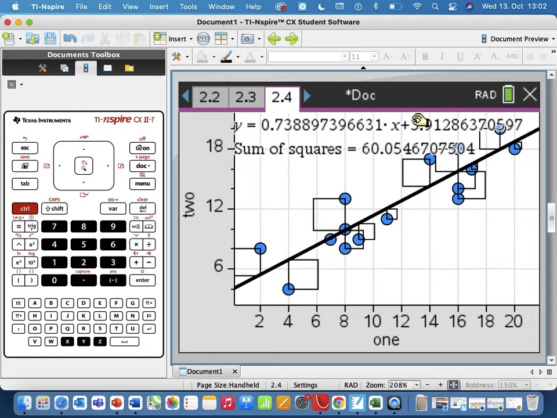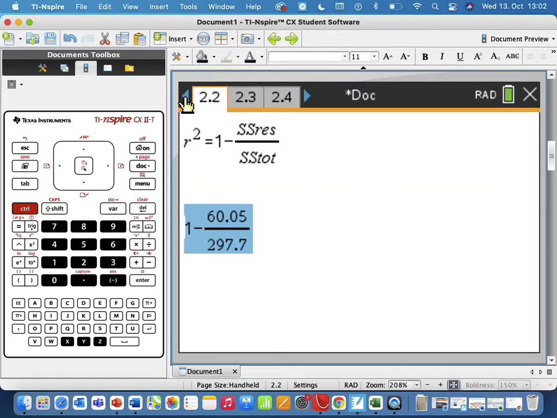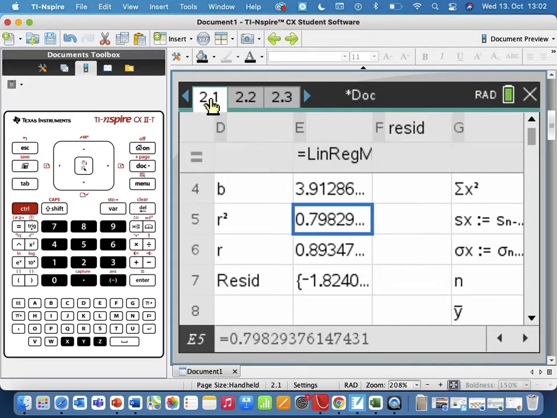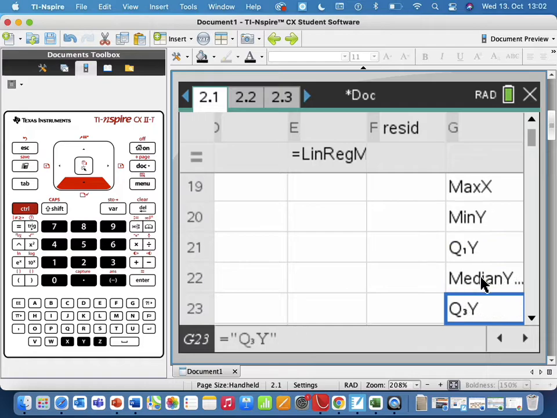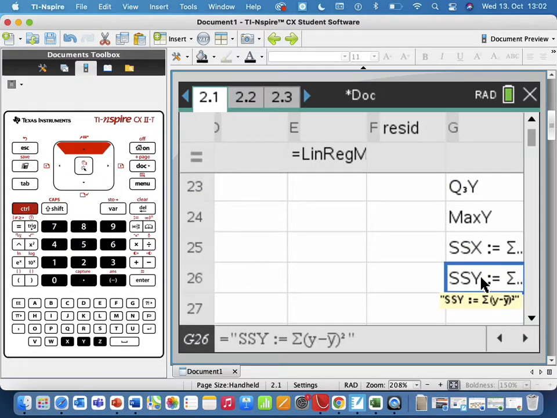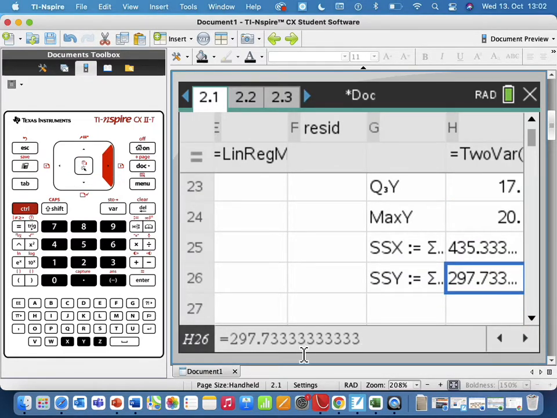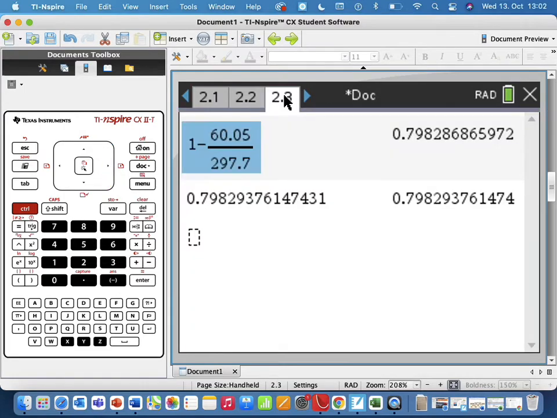But look, there's more accuracy, 60.05467707, right? So if we used more accuracy there, and the SStot came from the number all the way down the bottom here. Let's see if there's more accuracy that we could have used. For sure, look, 297.73333333. So I'm pretty sure if we use the full accuracy, then we are going to get almost identical answers here.